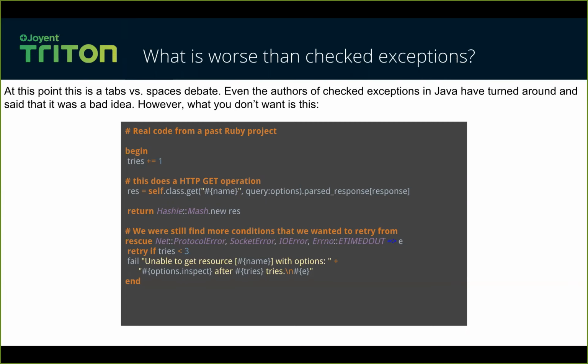Long story short, I found the Ruby exception taxonomy model to be entirely awful. You had to go into the linked C libraries to figure out what could possibly be thrown in order to catch it.